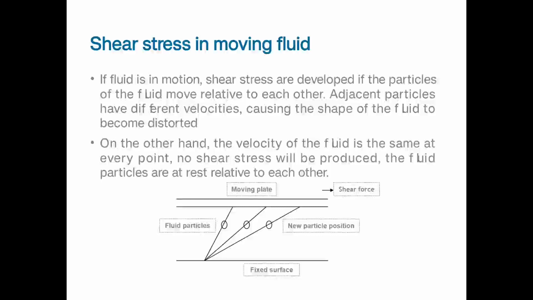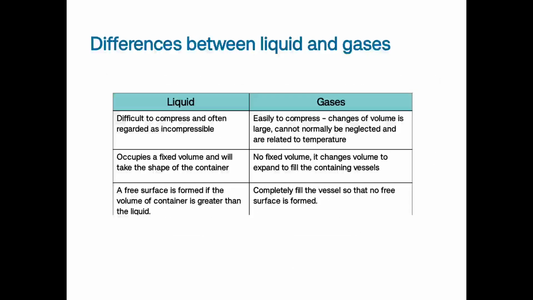On the other hand, if the velocity of the fluid is the same at every point, no shear stress will be produced. The fluid particles are at rest relative to each other, which you can feel at the fixed surface, like I mentioned, at the bottom of the river. Got it? Because of the shear only, we feel the natural flow of water in a river.